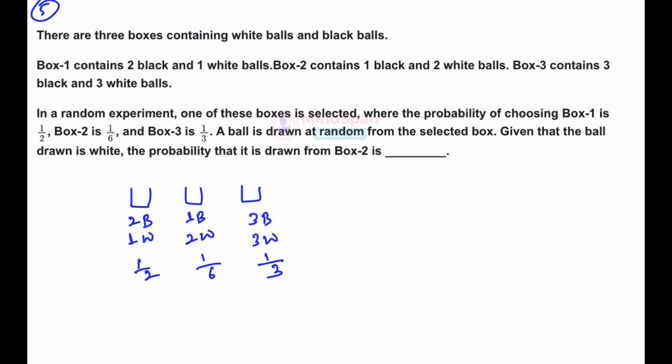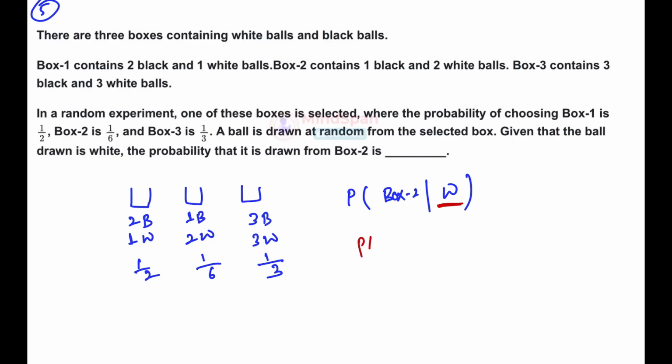We just need to find the probability that, given we have this info that a white ball has been drawn, and given this information we have to find the probability that it has been drawn from box 2, right? So first of all we need to find the total probability, or the probability of this conditional event.